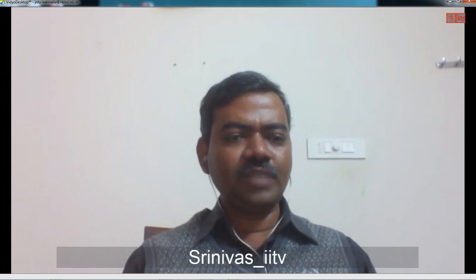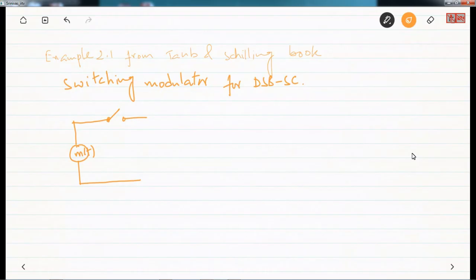This is the message source m(t), right? And then the output of this switch goes to something called a BPF. So this is the output signal.